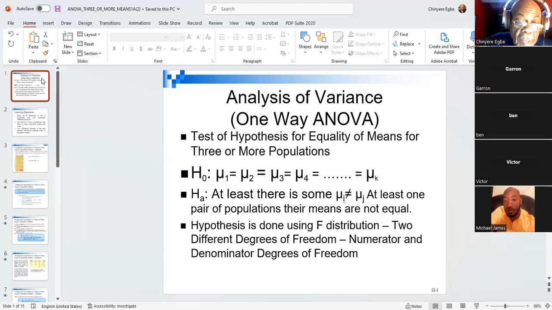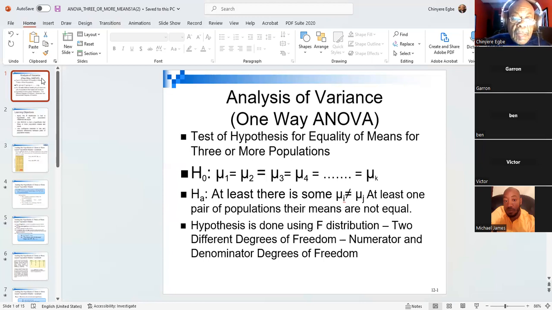And we're saying the average size or the average age or the average price, whatever variable we want to take, are the same. And so the null hypothesis will be that mu1 is equal to mu2 is equal to mu3 is equal to mu4, as many groups as you want to choose. Okay, that would be the null hypothesis, that all the averages are equal.